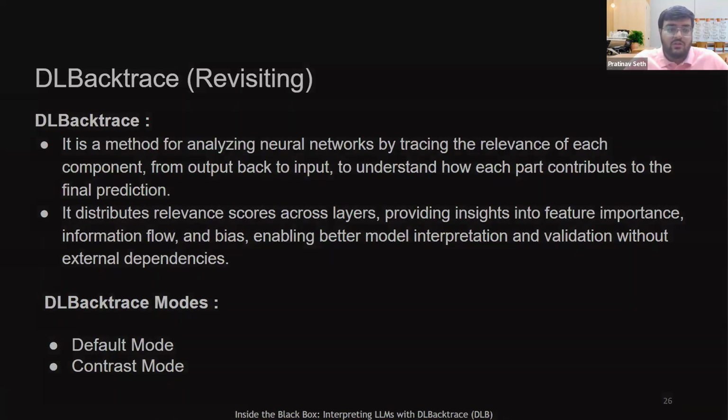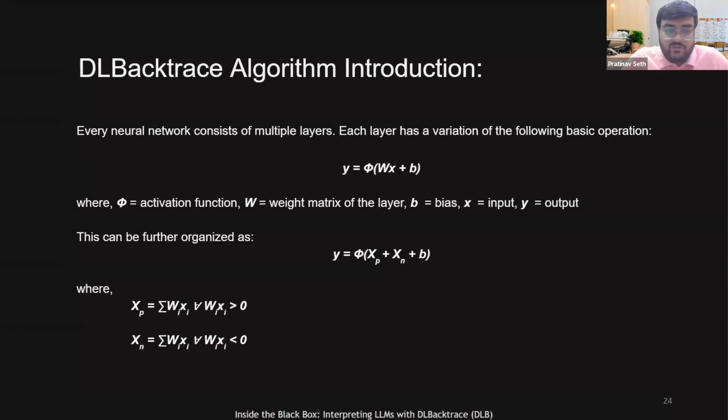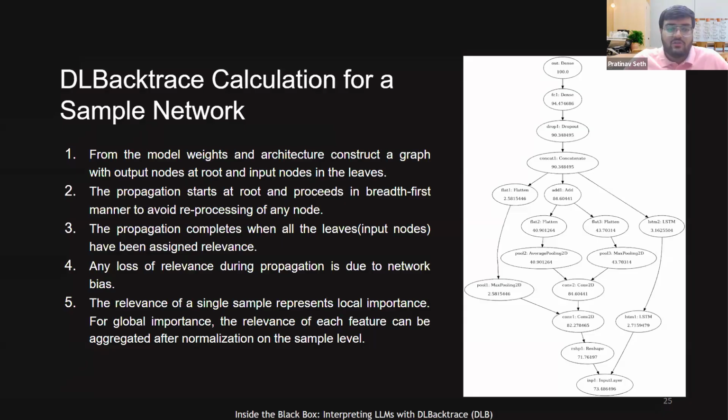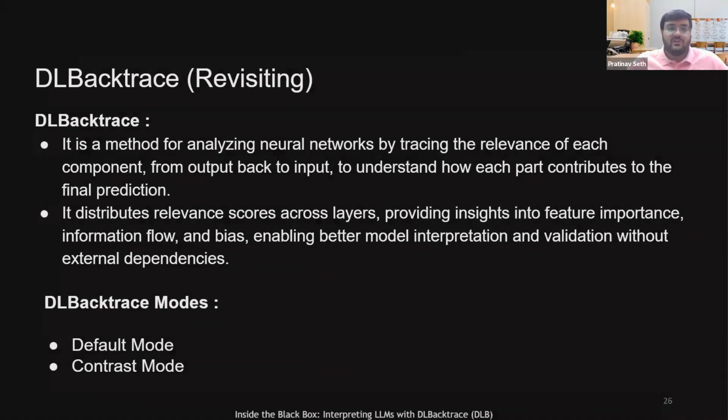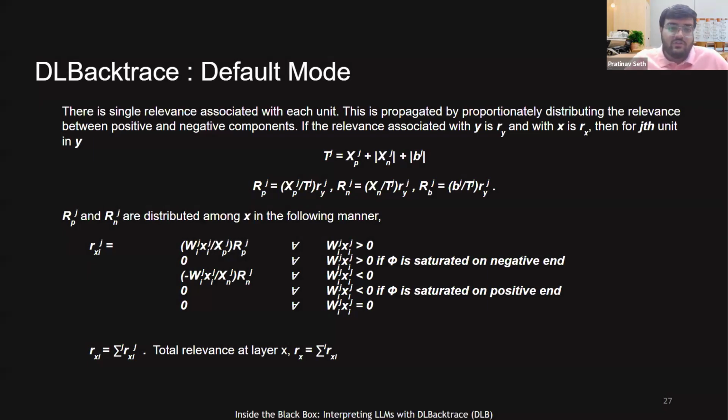Getting back to what we had, y = sigma(wx + b), where you can separate wx as xp and xn. Once you have that, let's start with the default mode for a better understanding. In default mode, the total relevance Tj of a layer can be segregated into xp, xn, and b.